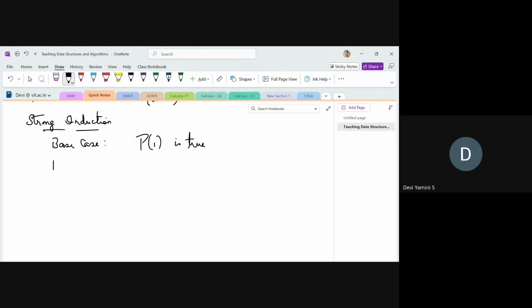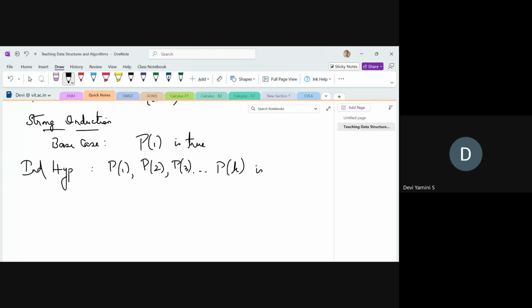So the induction hypothesis is the place where you see the difference between the strong induction and the normal induction that we have learned recently. So induction hypothesis says that P of 1 has been already proved to be true. We also assume P of 2 to be true. So P of 3 is true, etc. P of K is true.